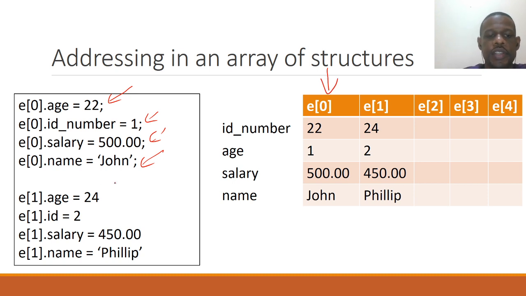Then I could do the same thing for E location 1, because the 1 is going to have the ability to jump to this side. So I could go from one structure to the next structure, just like that.